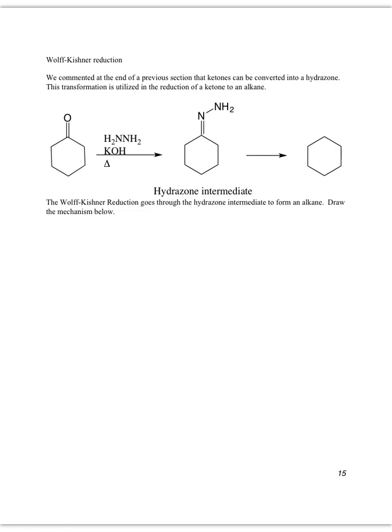Okay, the Wolff-Kishner reduction. We showed the product earlier of this reduction, but with KOH and hydrazine, what we do is first we're going to remove a hydrogen off of the hydrazine with our hydroxide.